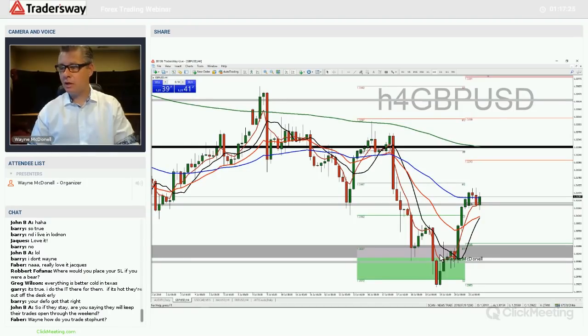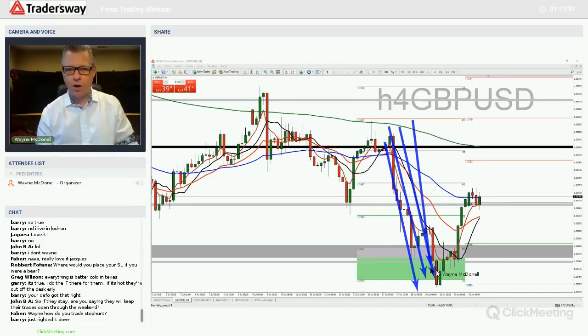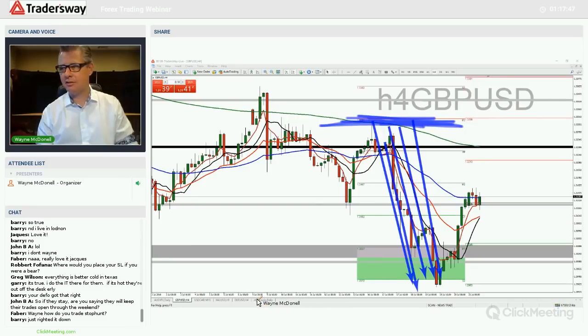Okay. How do we trade? You buy. Look, let's make sure everyone's on the clue train here. The entire Great British Pound market was short all of last week. How do I know? We talked about it last week because this is the exact price they would sell.